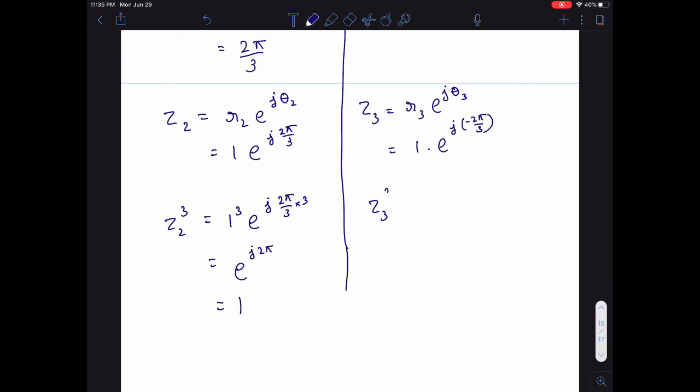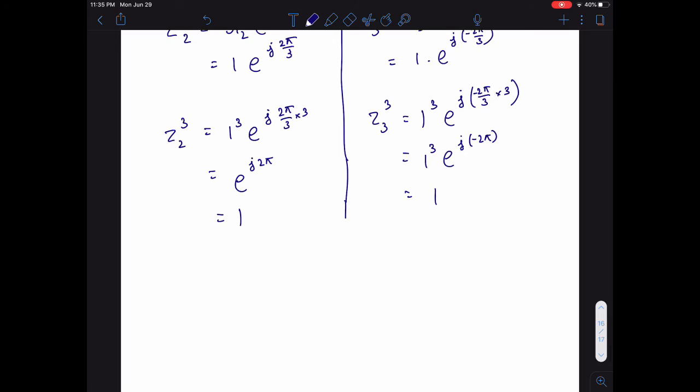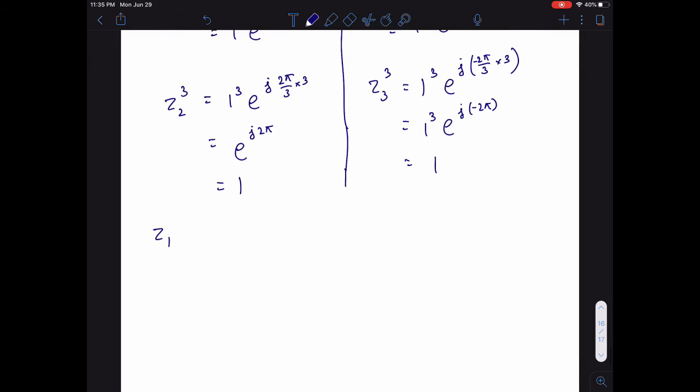Similarly, z3 cube would be 1 cube times e power j minus 2 pi by 3 times 3, and that would be 1 cube e power j minus 2 pi, that would also be 1. So z1 cube is equal to z2 cube is equal to z3 cube, which is equal to 1.